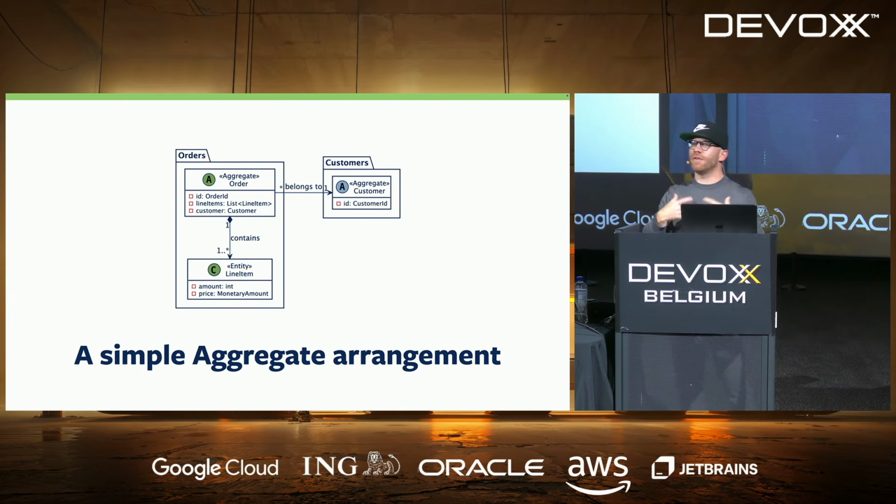So there's a lot of information in here, and we already logically applied some of the tactical building blocks to that class model, right? So there's an aggregate, like the UML stereotypes here, and the customer is an aggregate, order is an aggregate, entity is an aggregate, right?